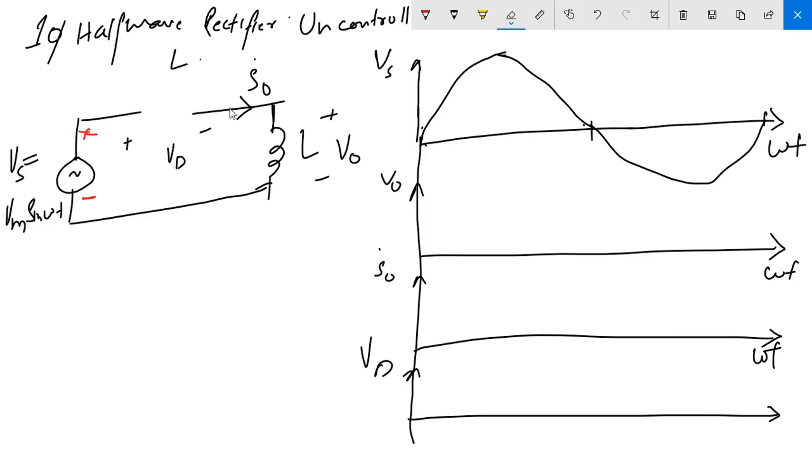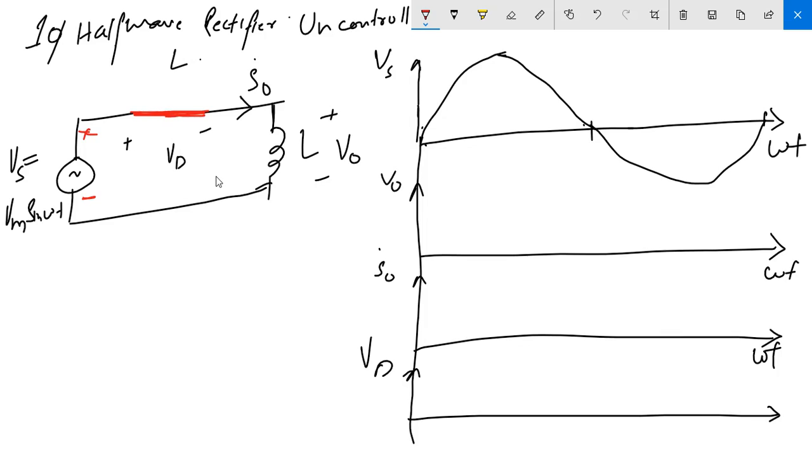The circuit will be like this, a short circuit. As the diode is an ideal diode, there will be no voltage drop or conduction loss. I have already explained this.